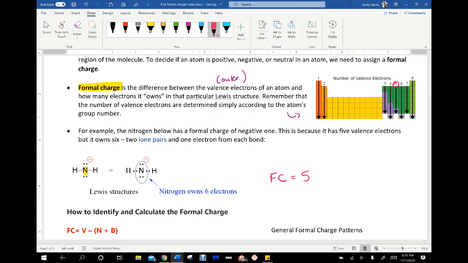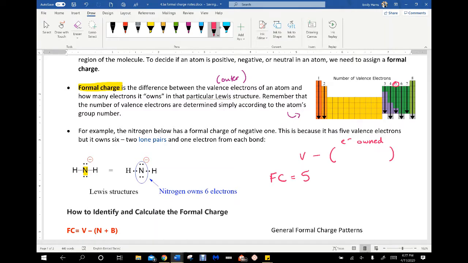So nitrogen has 5 valence electrons. This is your valence electrons. Then what we subtract is the number of electrons that are owned within the molecule. So 5 valence electrons is what nitrogen brings to the table, and then we take away how many it still has in the molecule.